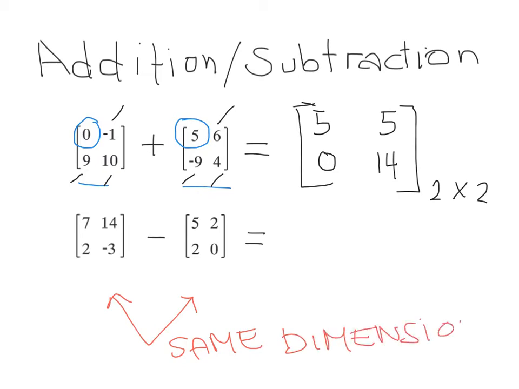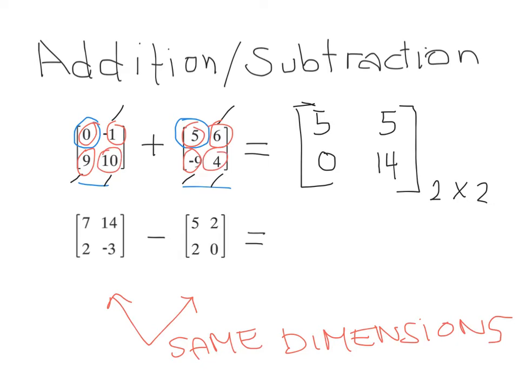In these examples, all of my matrices are 2 by 2, so this will always work. But if I'm trying to add a 2 by 2 matrix with a 3 by 2 matrix, that operation is not defined, because if we're doing entry by entry addition or subtraction, then we need the number of entries to match up in both.